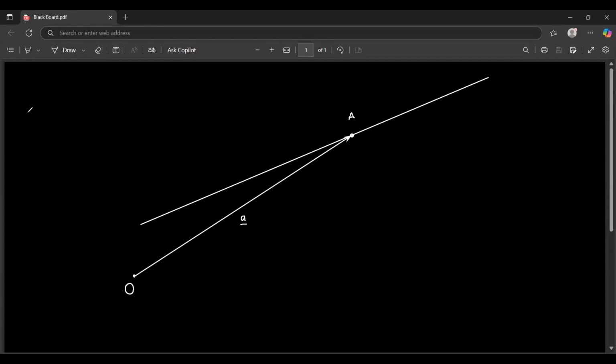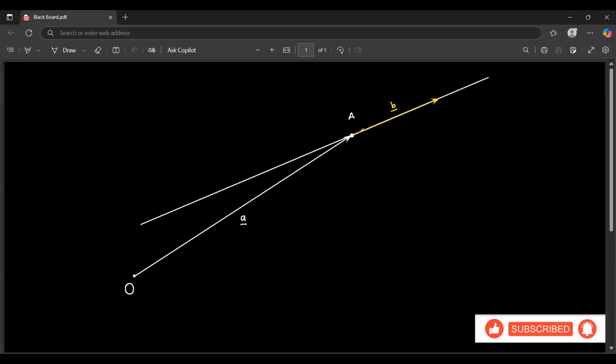Then we came up with the direction vector of the line. We needed a direction to talk about the line, and let's say that vector was b. These two vectors will help us to find any point on the line.